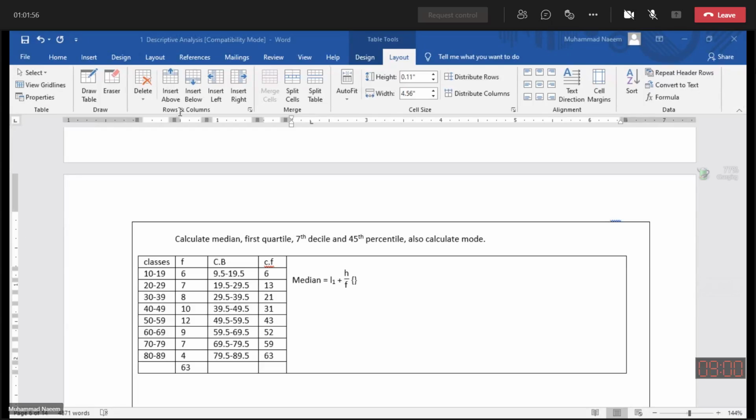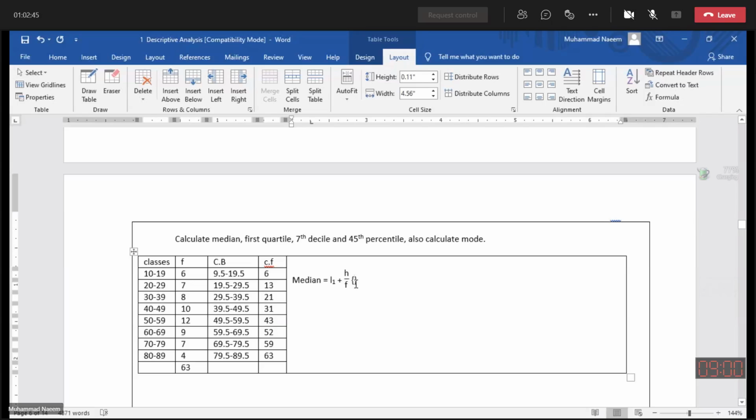Median formula for grouped data. Okay, I'm sorry.